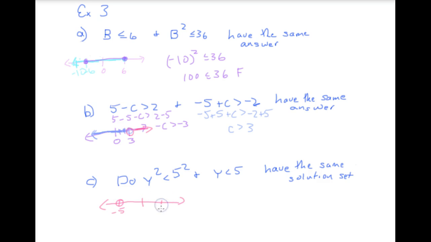And so that would be the answers to these two. And we could pick everything in between. That's nice. But the second condition says y is allowed to be everything less than 5. That's this plus all of this. So what we find is we have 3 ideas that we can't use. They're no good to us.